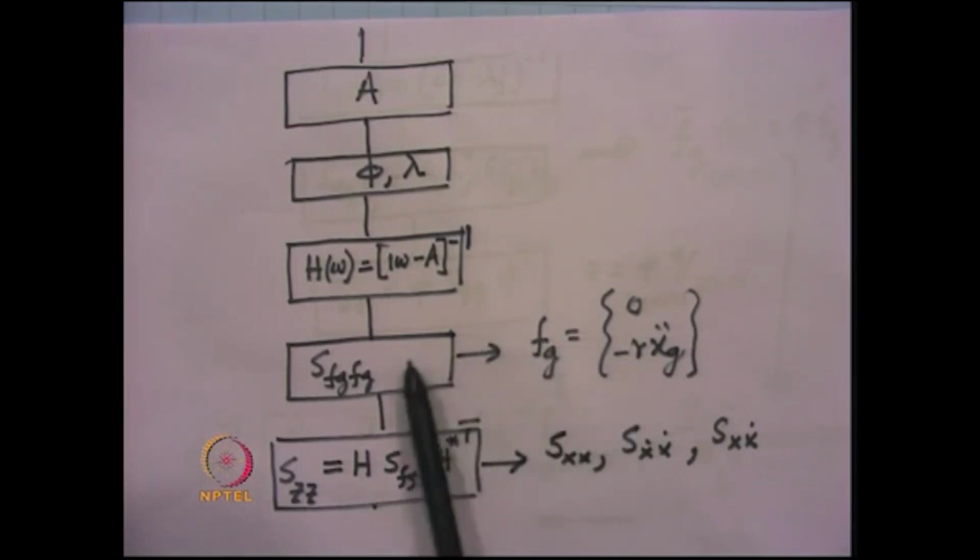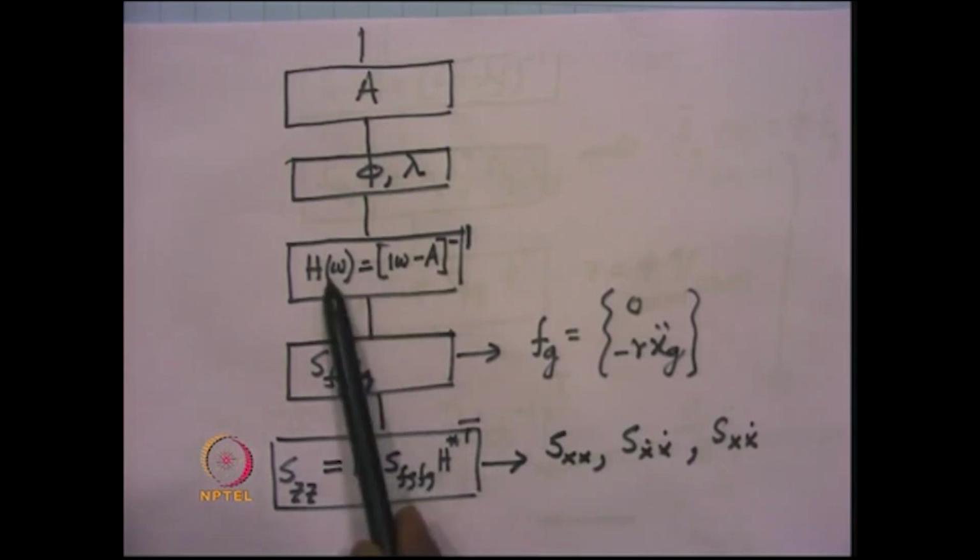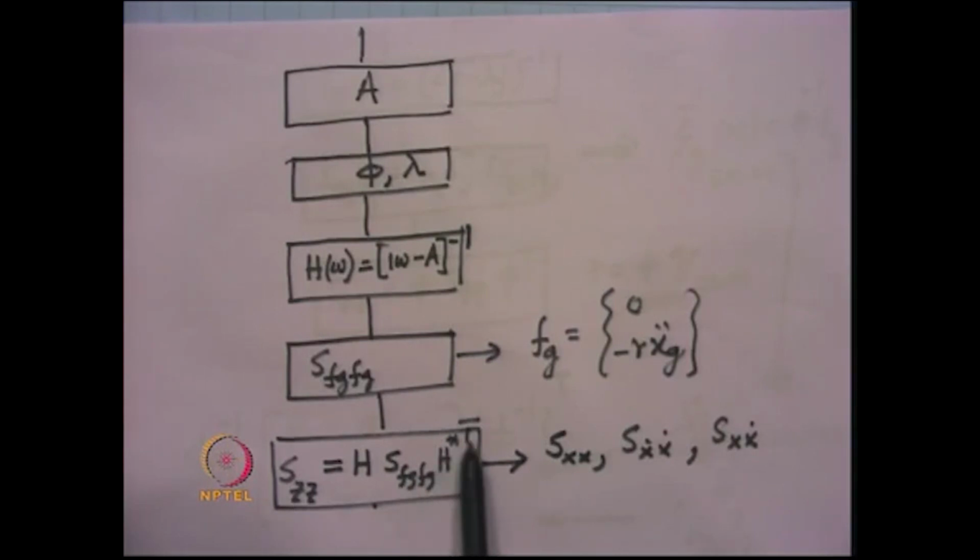So, we obtain that and store it, and then go for a direct analysis in which SZZ is straight away obtained by using your frequency response function matrix, the SFG matrix, and the transpose of the complex conjugate of the H matrix.